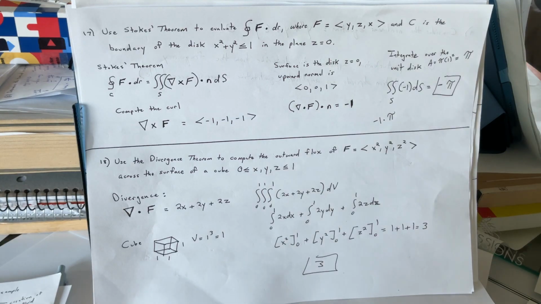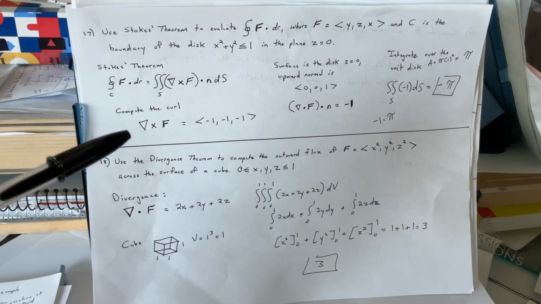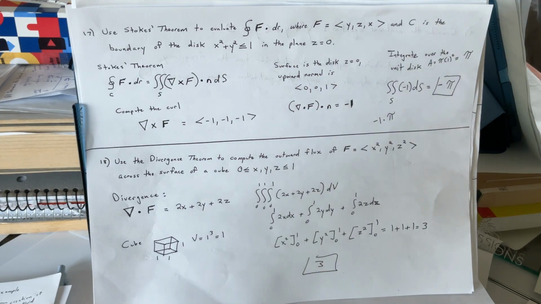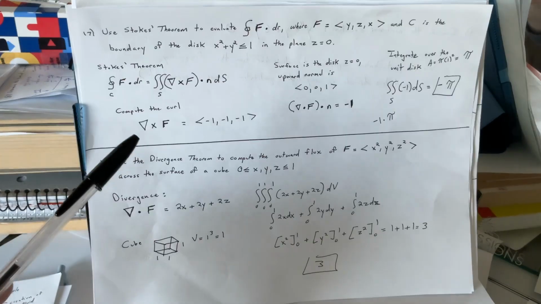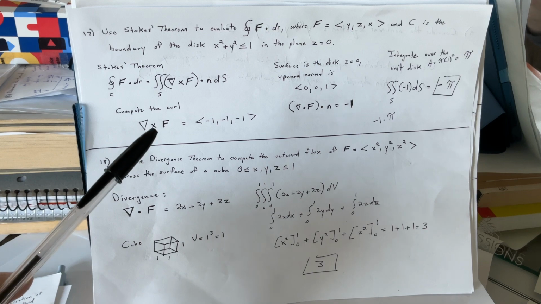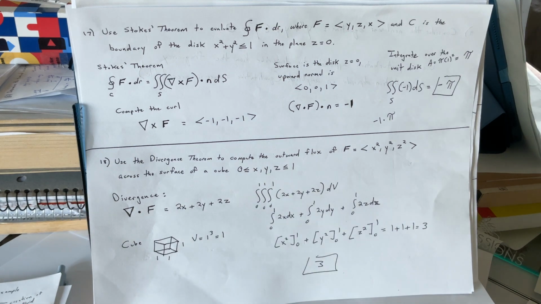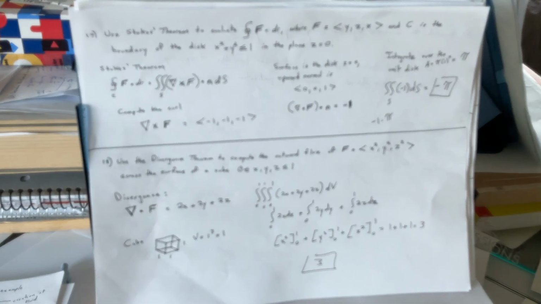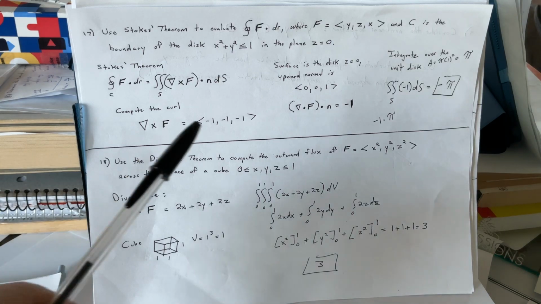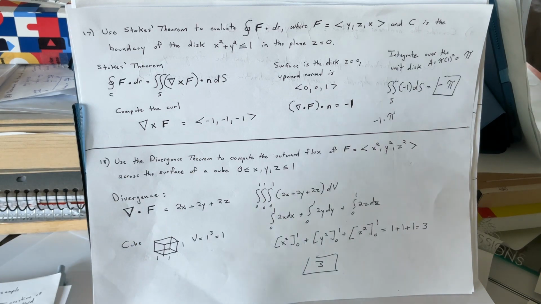Okay, and what we want to do, and just to save time, you want to compute the curl. Remember, the curl is the del operator, cross product of the del operator and f. You could do that on your own. You're going to get -1, -1, -1 for that cross product.